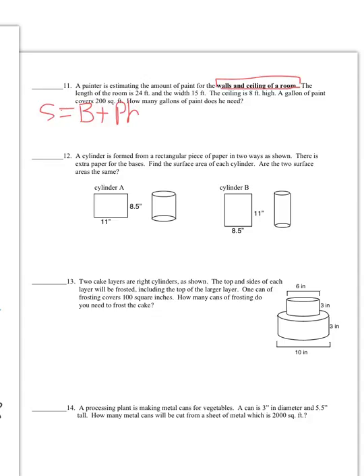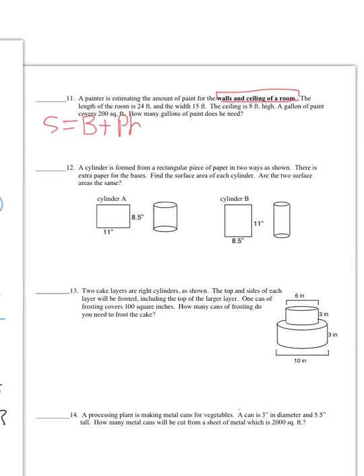And we'll do our side calculations over here. First of all, we'll be finding B. Big B equals 24 times 15 equals 360. And then big P is the perimeter of the base, which is 2 times 24 plus 2 times 15 equals 78.